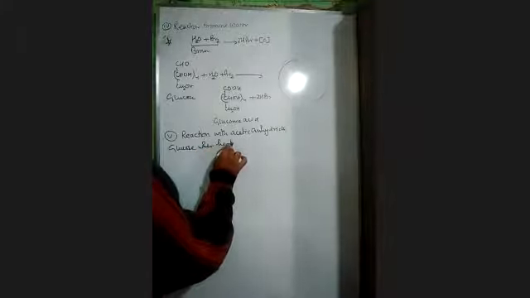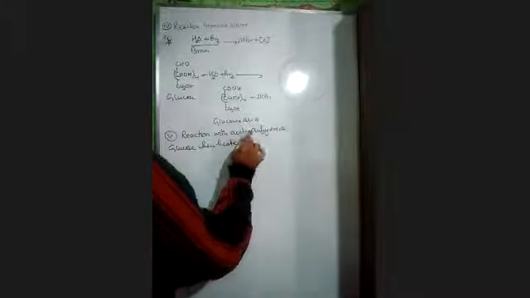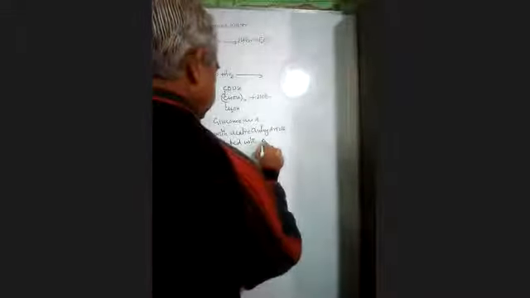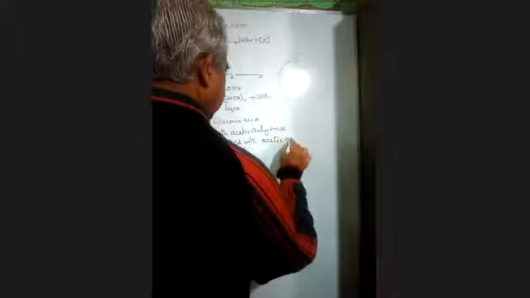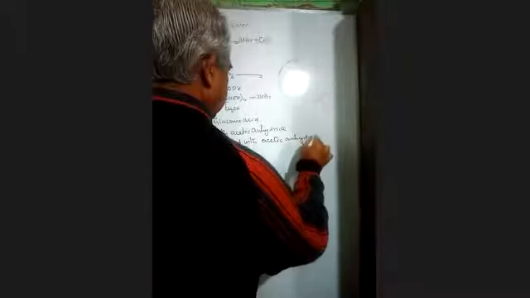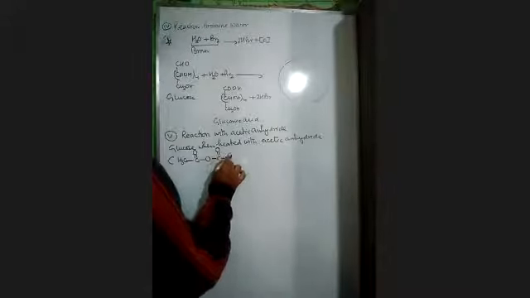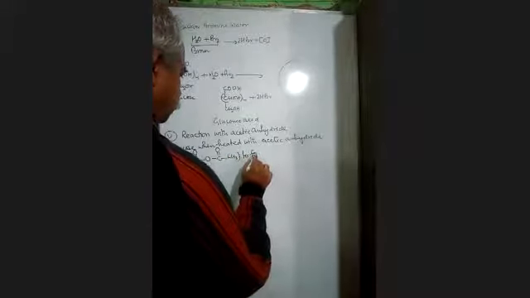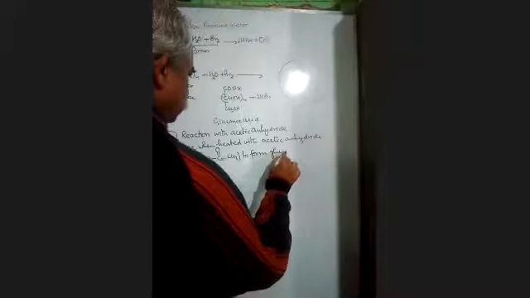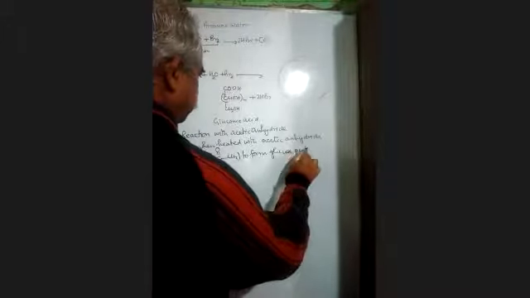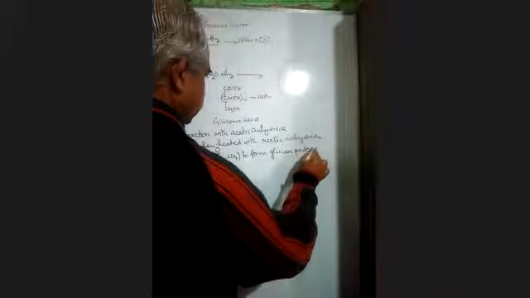Glucose, when heated with acetic anhydride, this is acetic anhydride, okay, forms glucose pentaacetate.